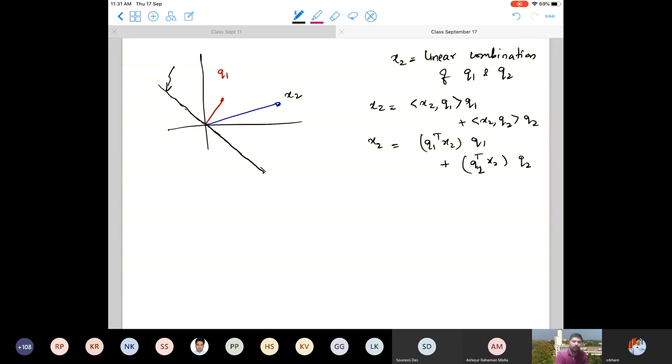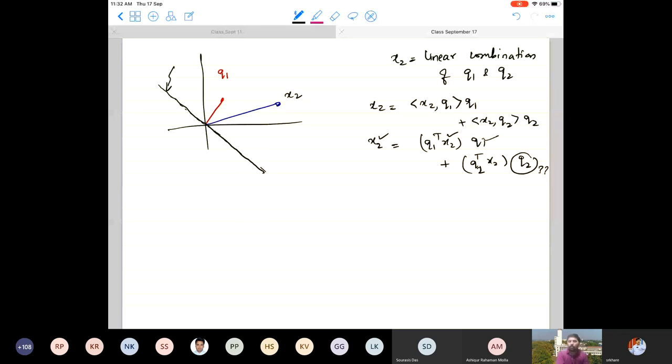So if you agree to all of this, what is it that we are really doing? In this equation, I know q1 because I already have q1. I know x2 because I already have x2. I do not know q2. That's the thing that I do not know.